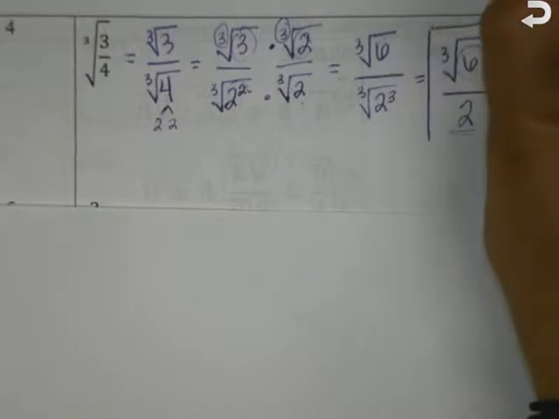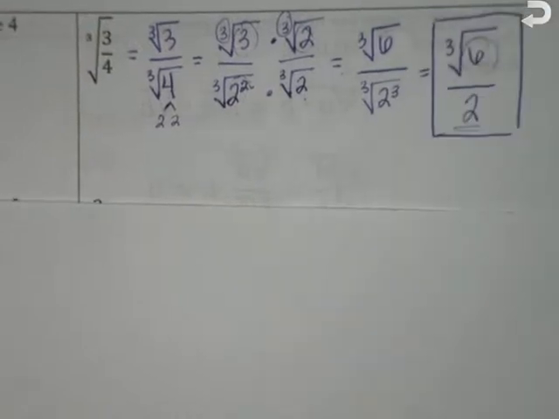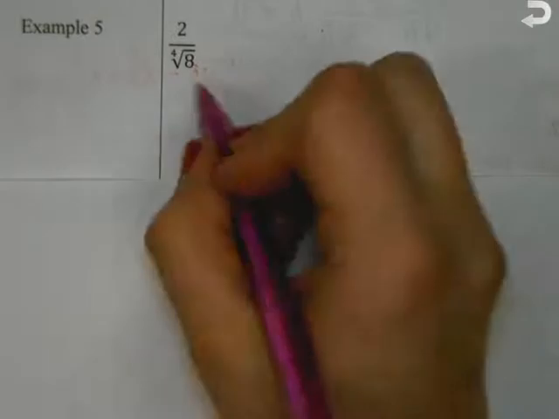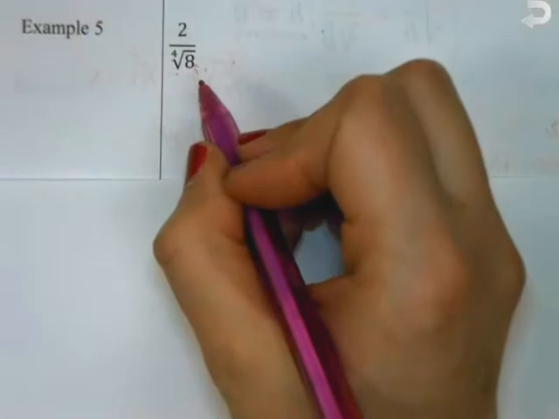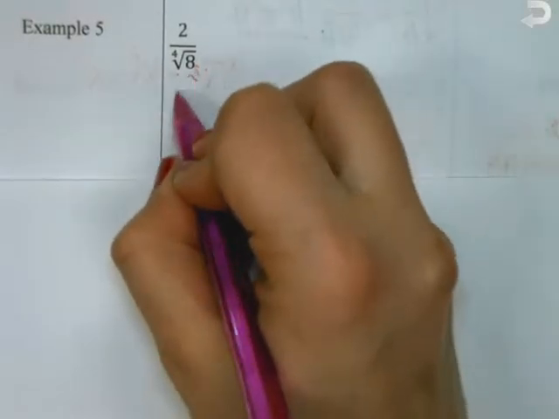Okay, example 5. We have 2 over the fourth root of 8. Alright guys, we are not allowed to have a fourth root in the denominator, correct? So I first need to rewrite 8 into as many primes as I can. How does 8 break down? 2 and 2 and 2.